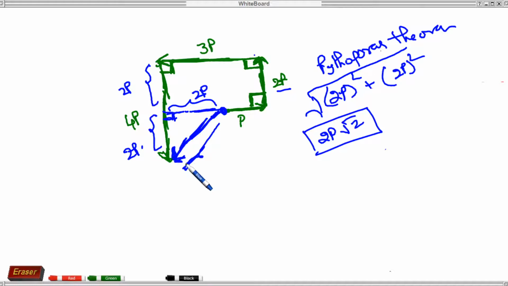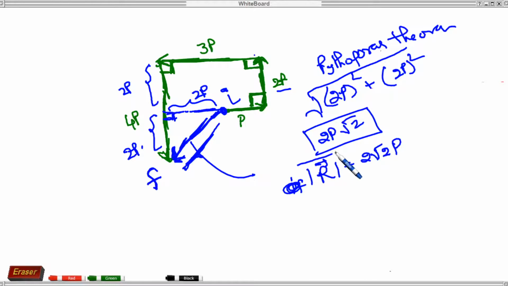This will be the magnitude from the initial point to the final point. So the magnitude of this resultant will be 2 root 2 p.